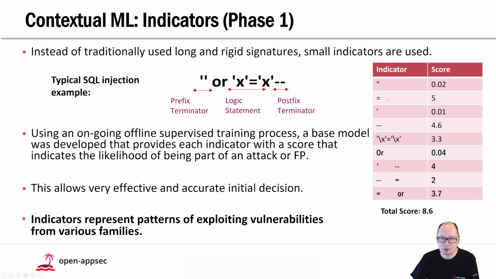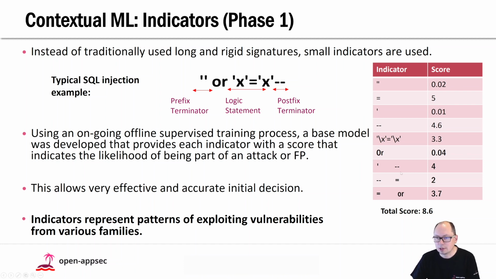Then an equal sign, for example, is not so commonly used in values in HTTP requests, so that has its own score, which is fairly high, and then there's a single quote and two dashes. All of these are individual indicators for which we know the likelihood of being part of a malicious attack.